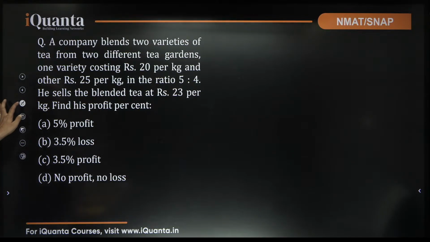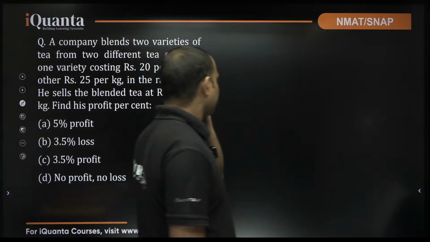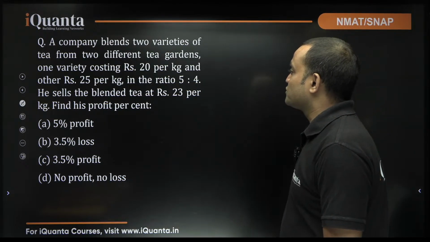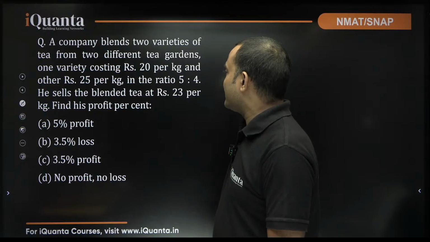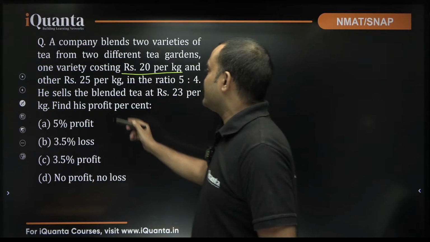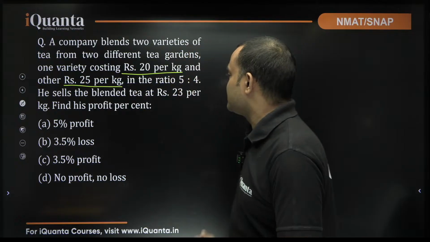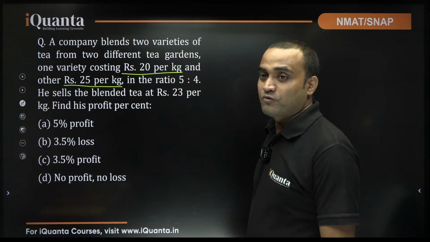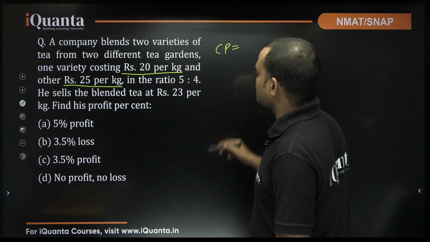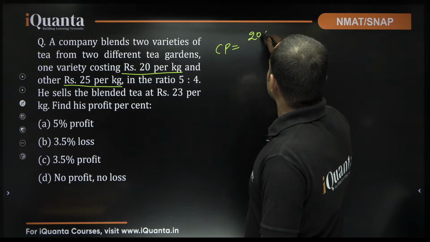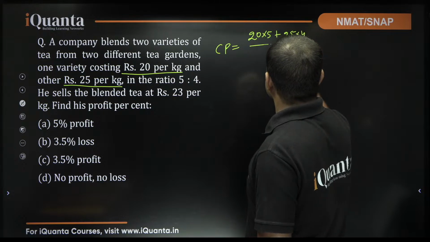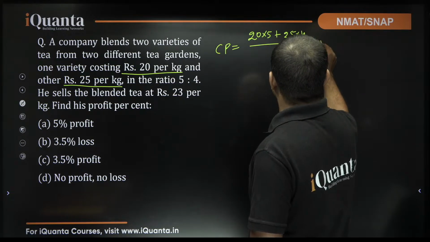3.5% profit. Yes, 3.5 is correct. A company blends two varieties of tea from two different tea gardens, one variety costing 20 rupees per kg and the other 25 rupees per kg in the ratio 5:4. What we can say is that the cost price will be equal to, so 5:4, 20 into 5 plus 25 into 4 upon 5 plus 4.